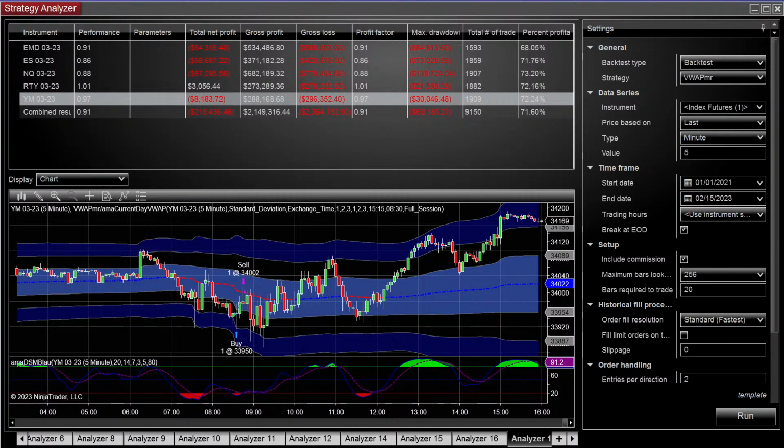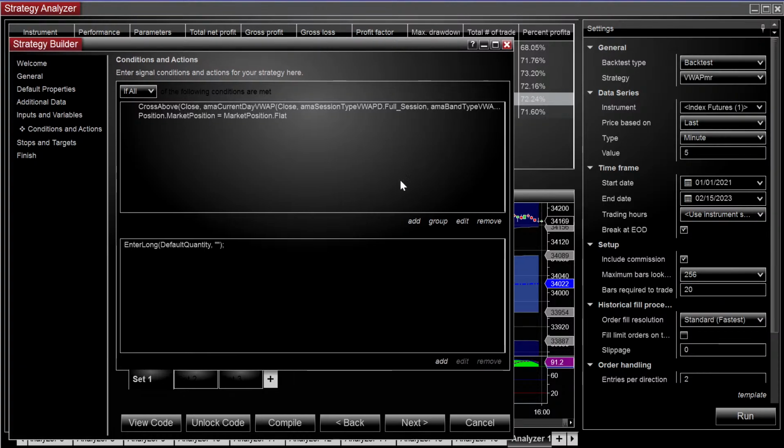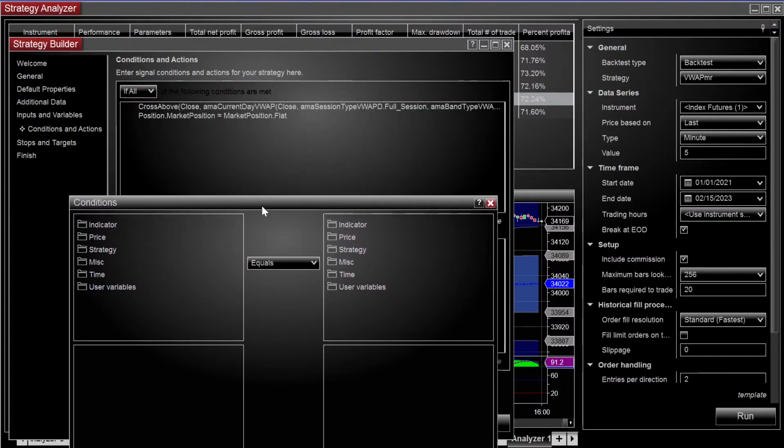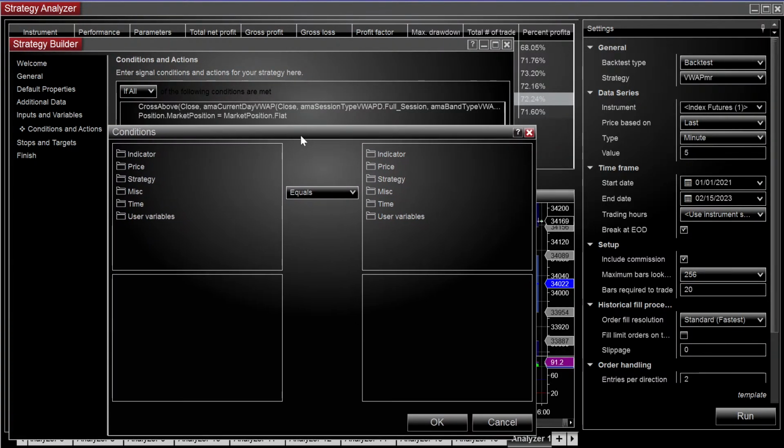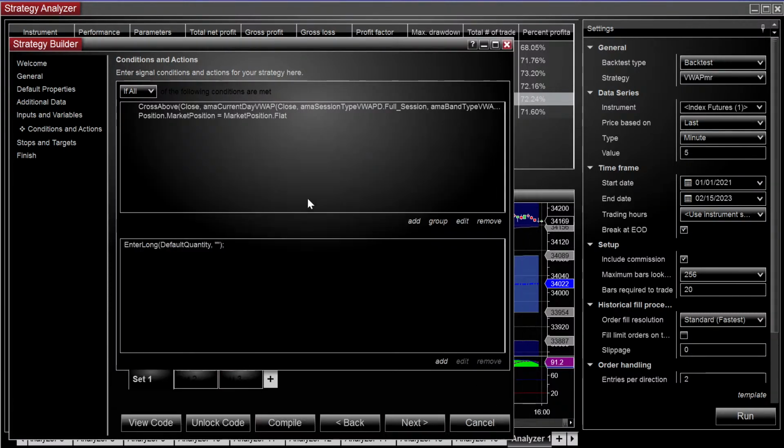Let me see. Let me first add a little time filter. Let's say we only can trade this during market hours.